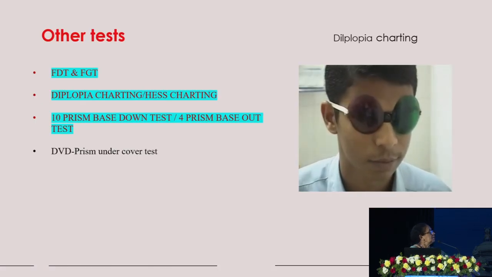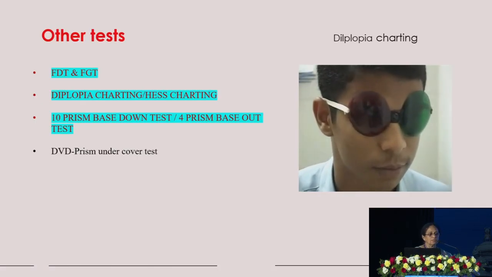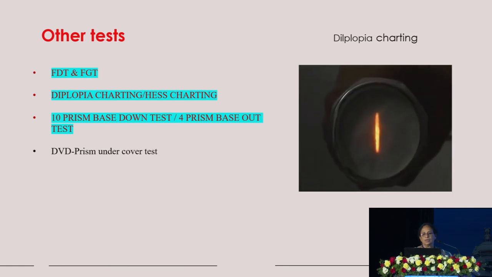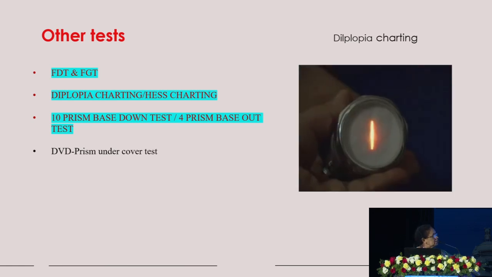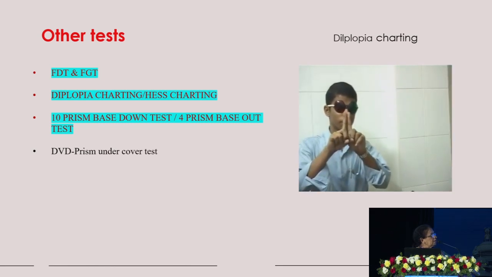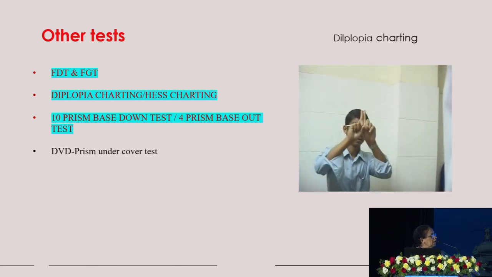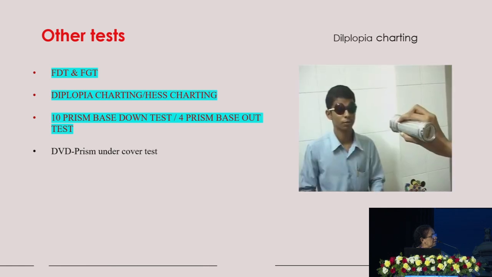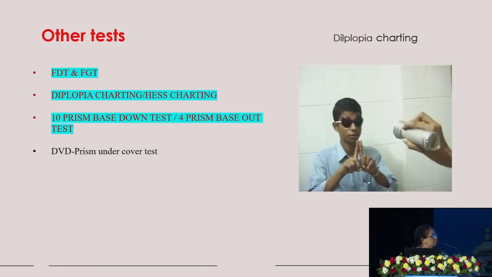Force duction test and force generation tests are important in case of a paralytic squint. Diplopia charting to measure the diplopia, and this is how you do it: the patient has to wear a red and green glass, and then a torchlight with a slit is shown, and the patient is asked to describe the position of the two images, just like that.